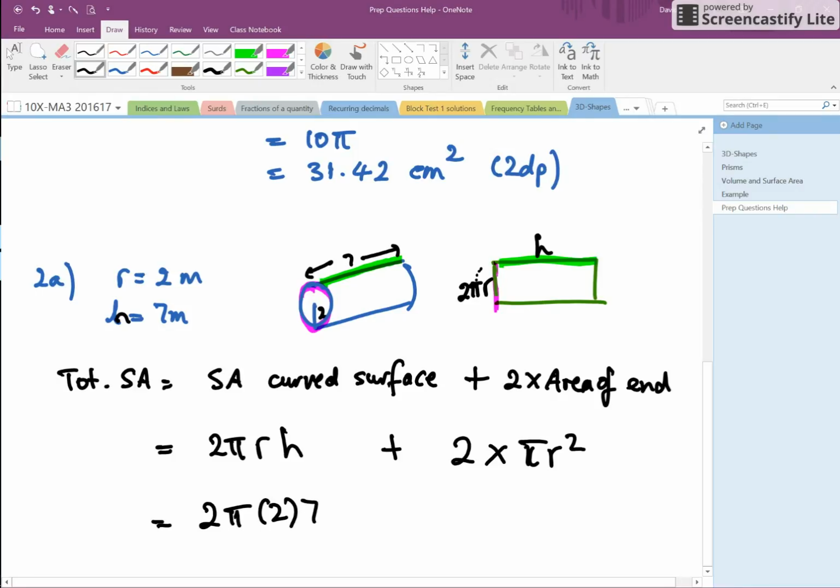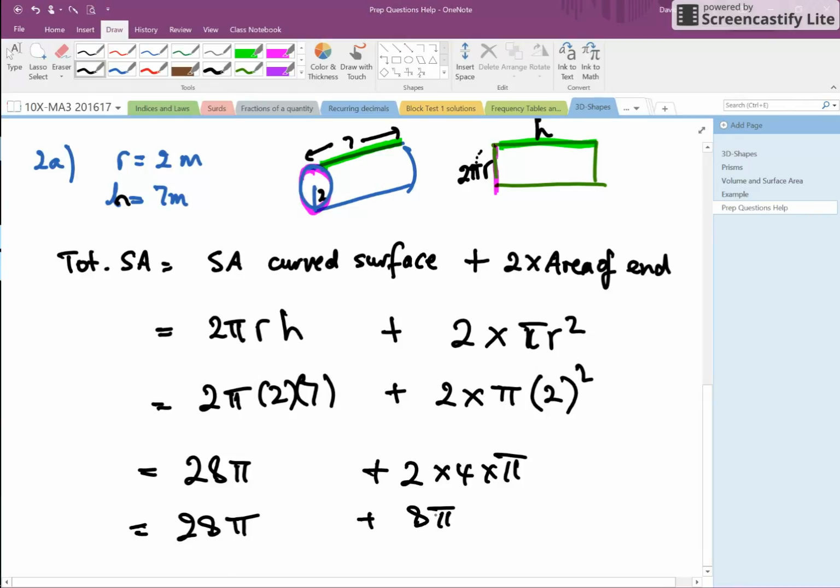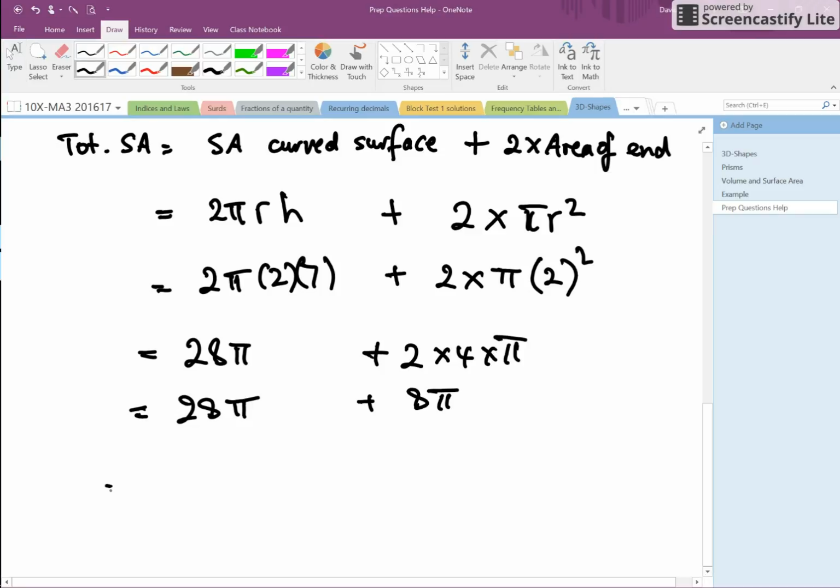Put the numbers in, so we get 2 times pi times r, which is 2, times h, which is 7, plus 2 times pi times the radius squared, and the radius is 2, so that's 2 squared. So what we get here is 2 times 2, which is 4, 4 sevens, 28 pi here. And this is 2 times 4 times pi, which is 8 pi. So 28 pi there, 8 pi here, giving a total of 36 pi.